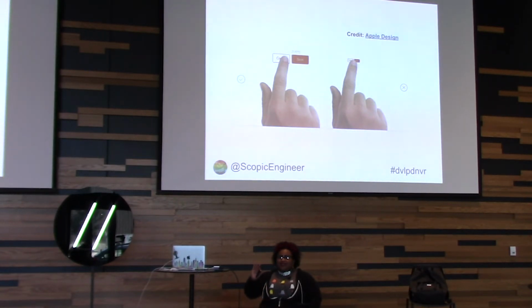Unless it's essential, or Apple or Android is forcing you because that's the UI component, make it big enough. Fit your design and your code around what is going to be best for the user.